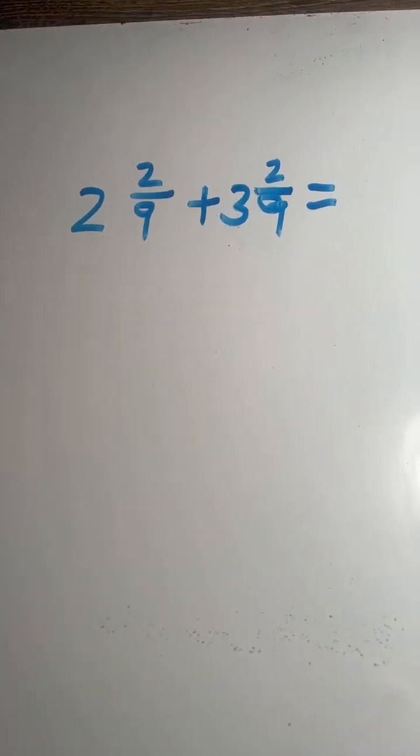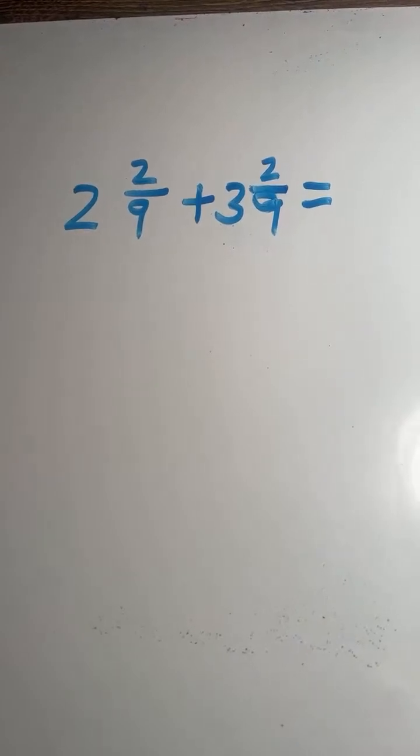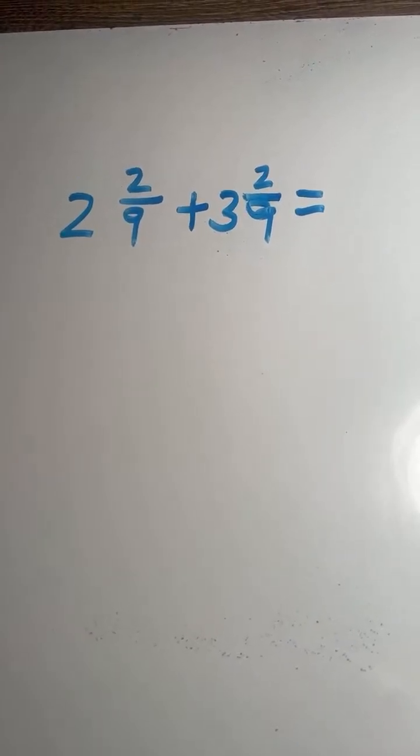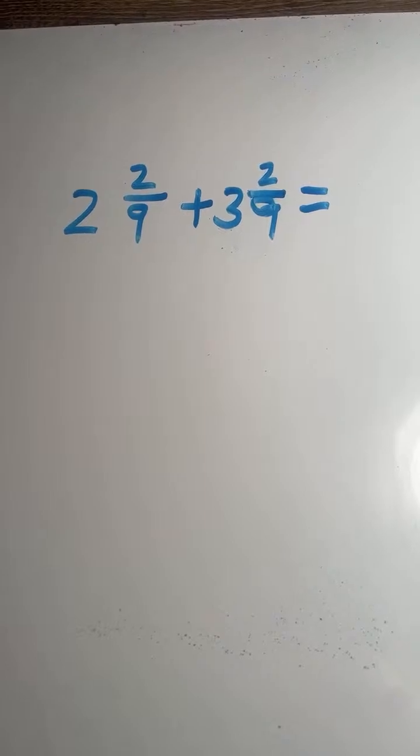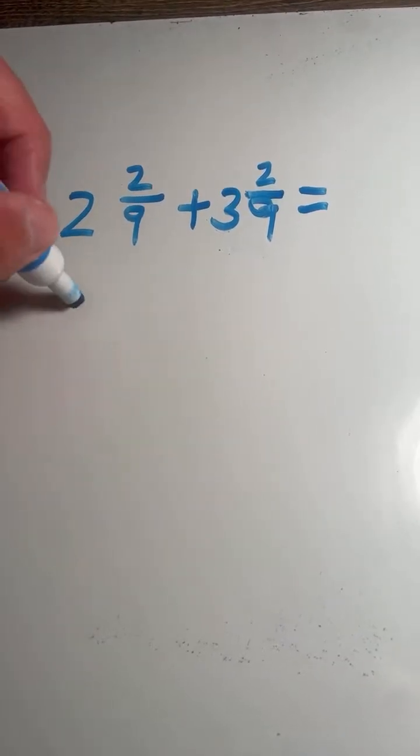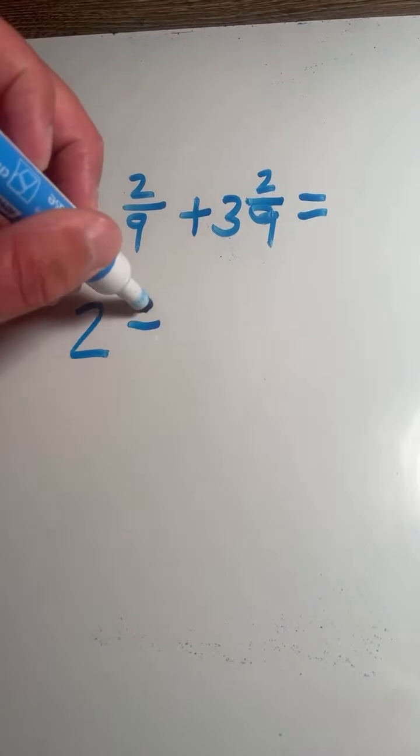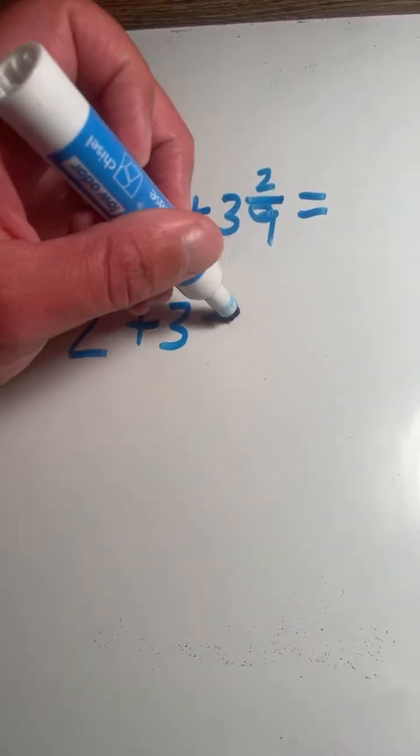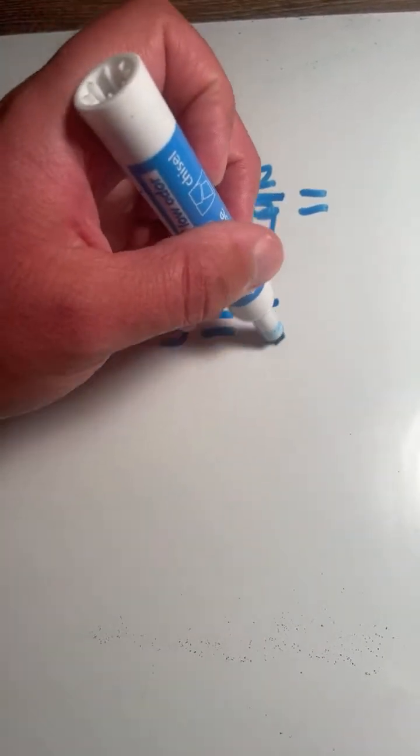So 2 and 2/9 plus 3 and 2/9. So step 1, we add our whole numbers. 2 plus 3 equals 5. So 5 is our whole number.